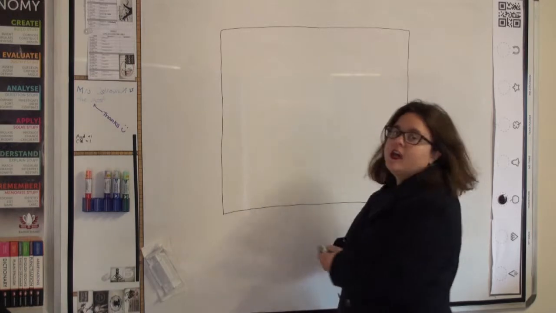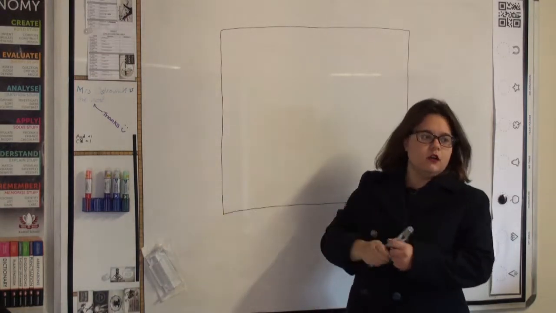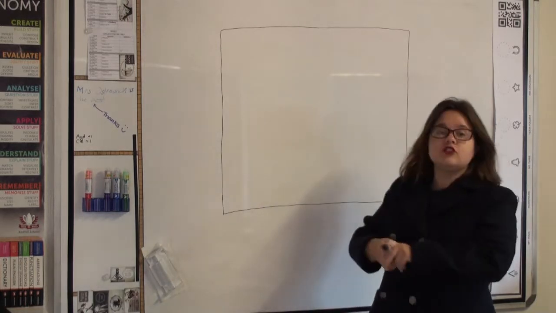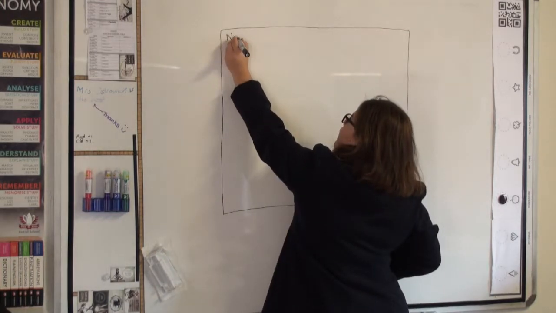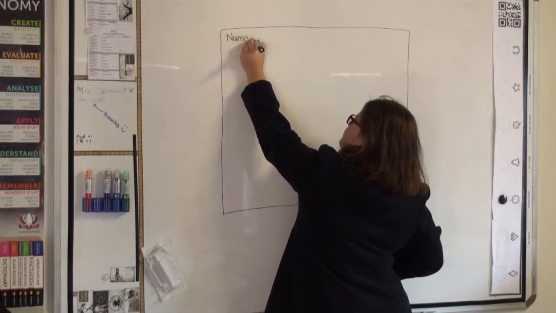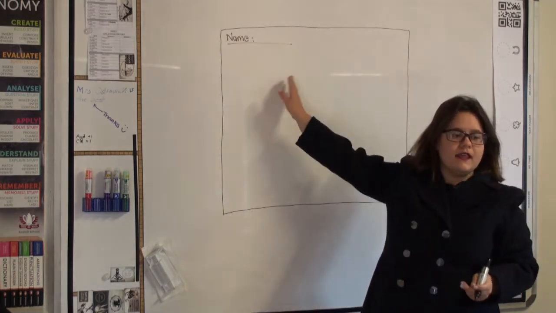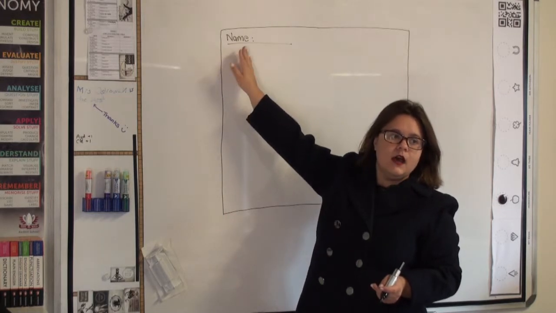Let's begin. If this is your page that you're going to be working on, there are a couple of things that you have to have on it, and it should be in this order. You should have your name, which you will then underline like that. Your name needs to go on the top left hand side.